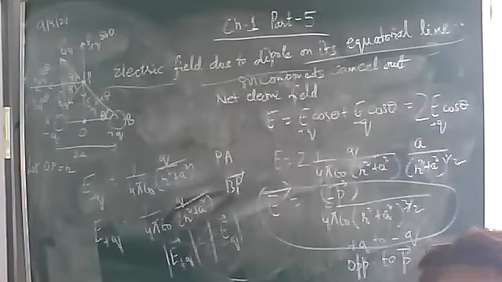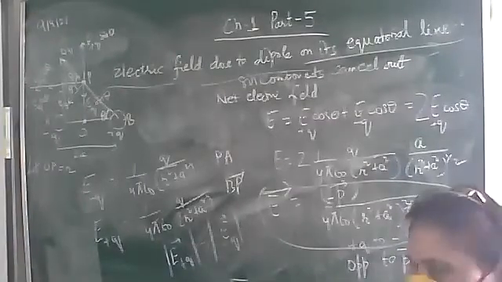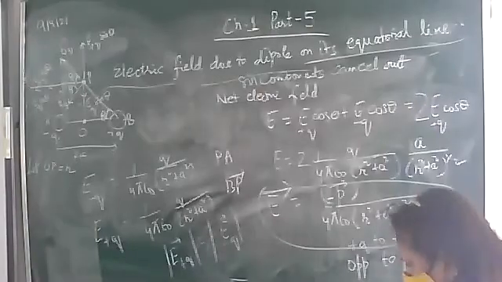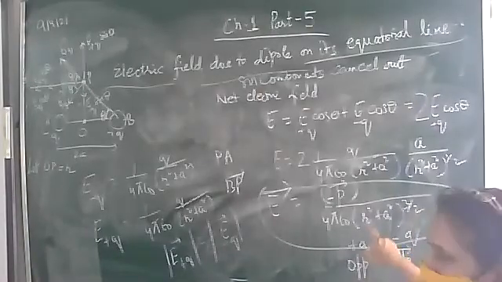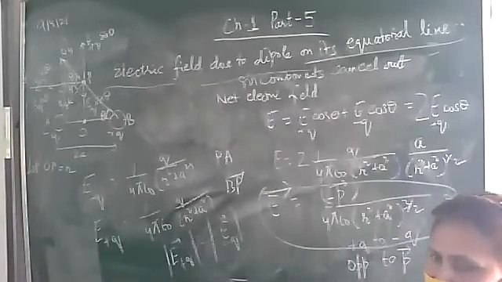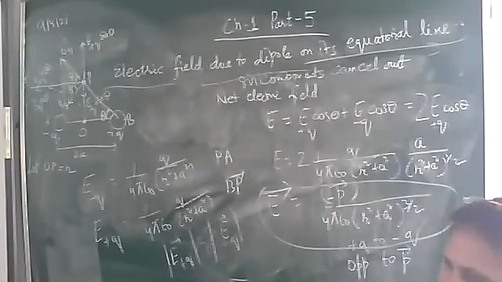Note it down, and then we'll discuss for a short dipole. Okay, if you have done, then find out for a short dipole. Short dipole means again the dipole length is much less than the point where we are finding out, 2a is much less than r.